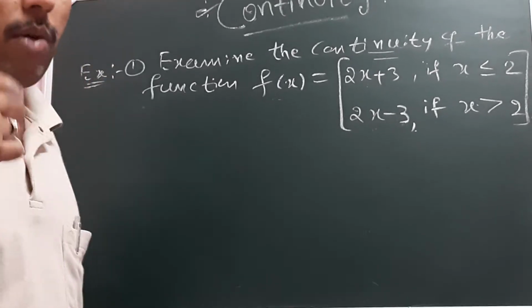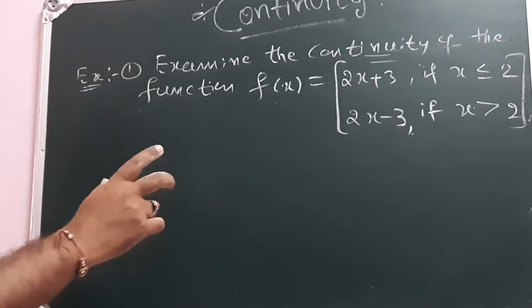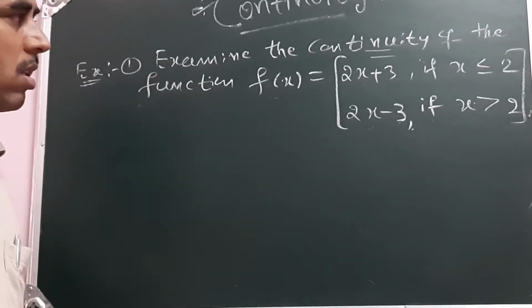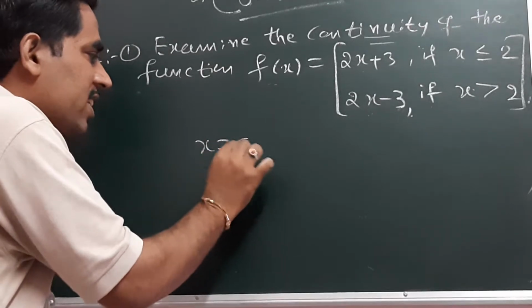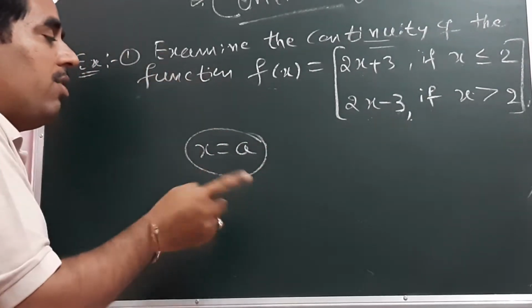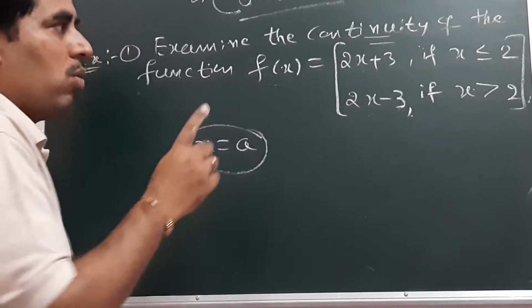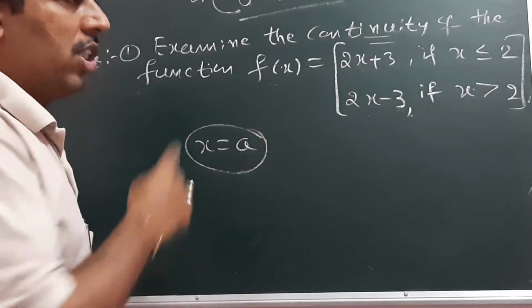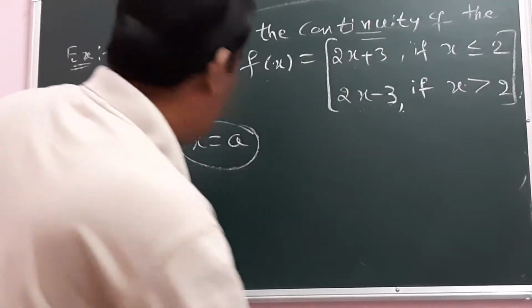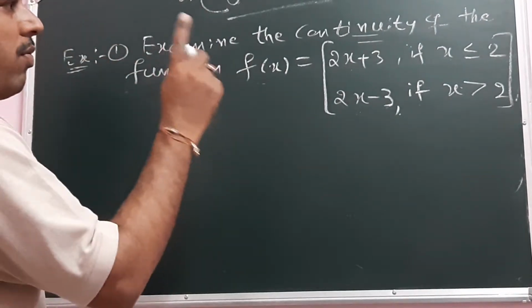In our earlier classes we said that to say the function is continuous, we need a point like x is equal to a. We discuss the continuity of the function at some specified point x is equal to a. So we have to first decide the point at which we have to find the continuity.